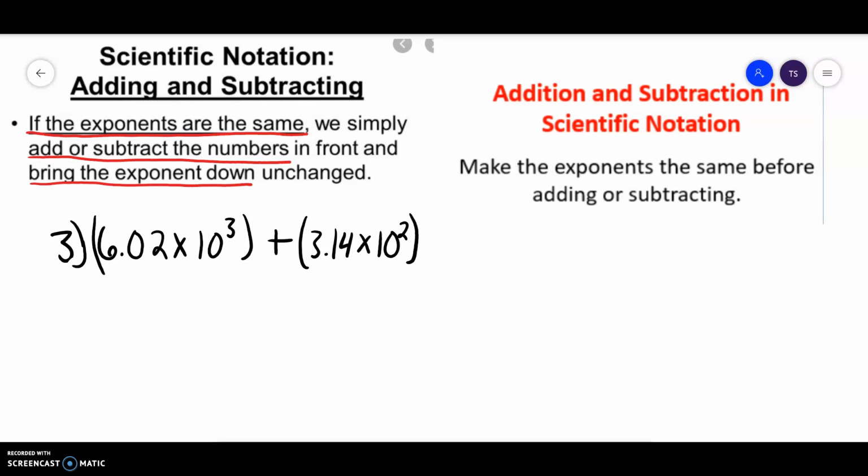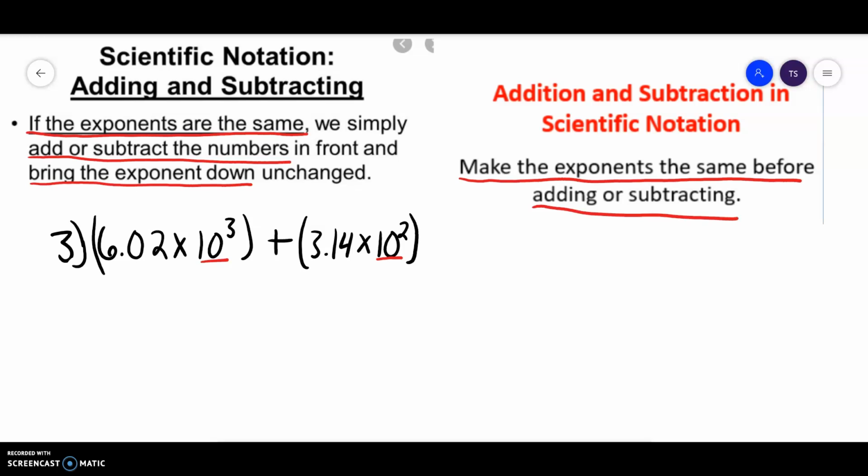We need to make the exponents the same before adding or subtracting. Okay? So this can be done one of two ways. You can either make the 10 to the third into a 10 to the second, or you can make a 10 to the second into a 10 to the third.